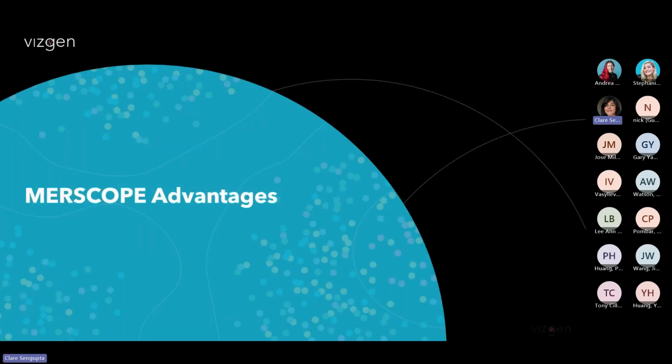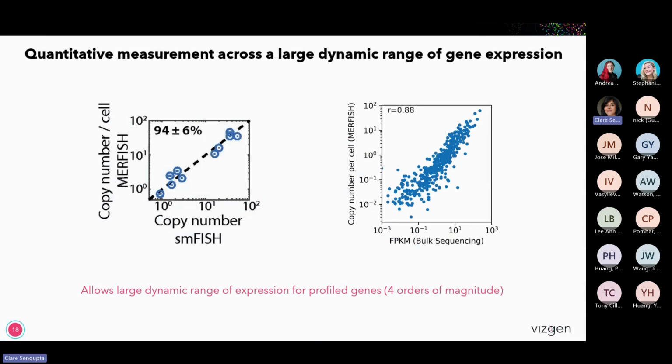Some advantages of the technology that we've touched on. You're able to do, like I alluded to in the last slide, this quantitative measurement across this large dynamic range of gene expression. So there's two examples here of how MERFISH can recapitulate other forms of either direct quantification of RNA transcripts or bulk sequencing.